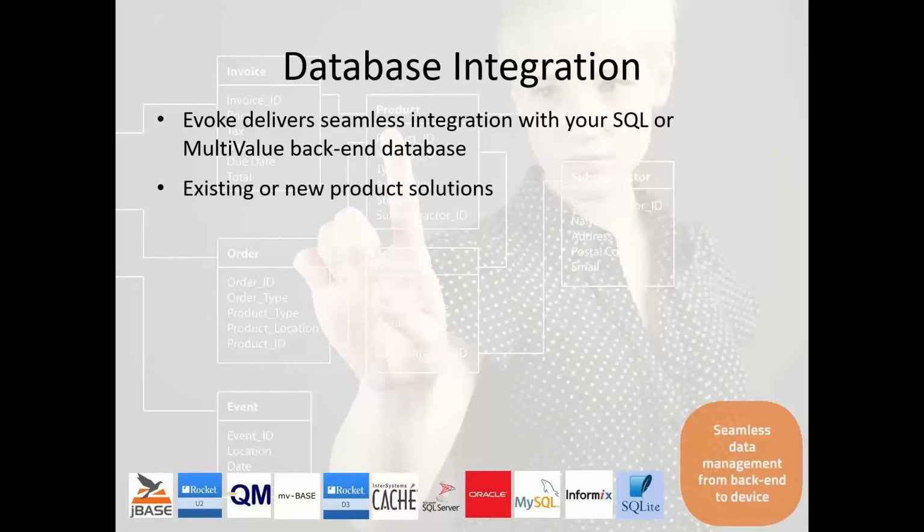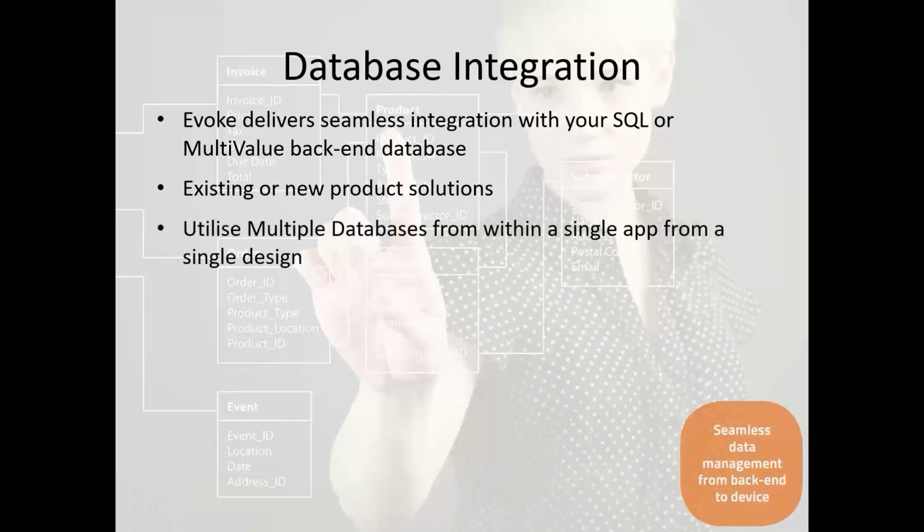So whatever existing or new product solutions you have, you're going to be able to accommodate them with an Evoke app. And you don't have to just stick with one database in a single app. You can have as many different databases and database technologies as you need within a single app. You could have, for example, your products file in Unidata. You could have your suppliers file in Oracle.